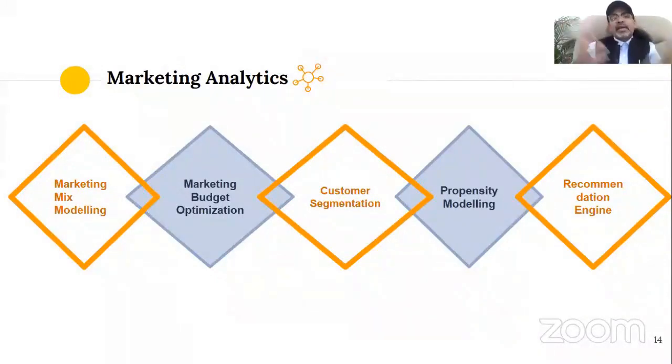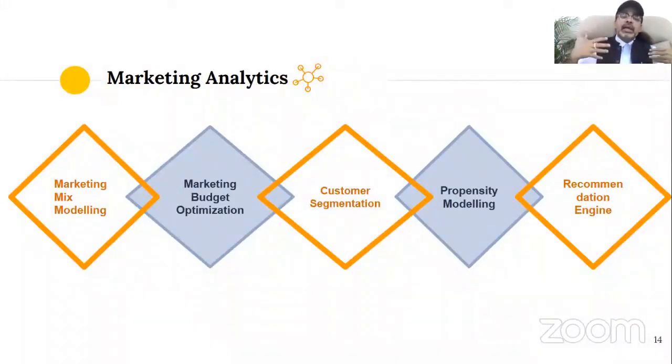Because again, since one size doesn't fit all, we cannot go for mass marketing. We have to customize the promotions, prices, branding strategies, marketing strategies around each of these customer segments. Next is propensity modeling.